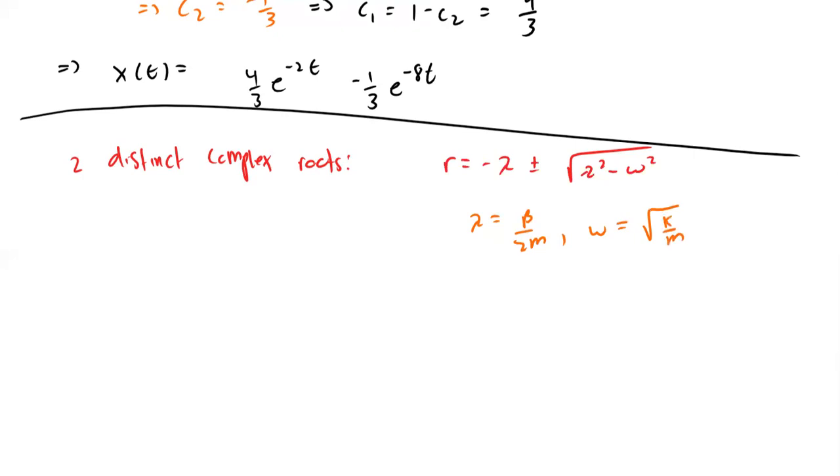This is in general, but I want to focus specifically on the case of two distinct complex roots. In this case, it's equivalent to saying that lambda squared minus w squared is less than 0, so we get an imaginary part.